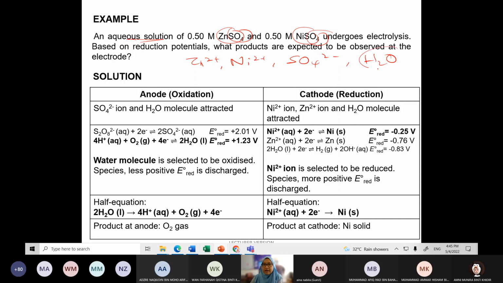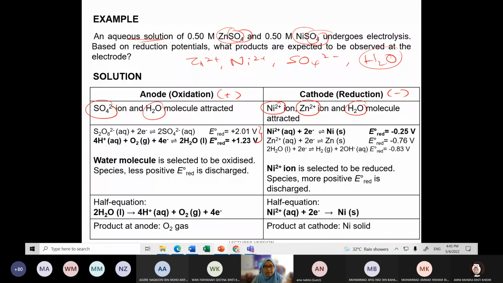Water is available at the anode and also the cathode. So we separate them. SO4 2- and water will be attracted to the anode, whereas at the cathode we have three species: nickel 2+, zinc 2+, and H2O.